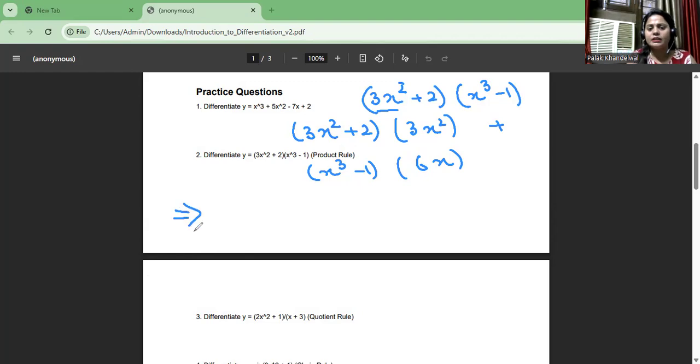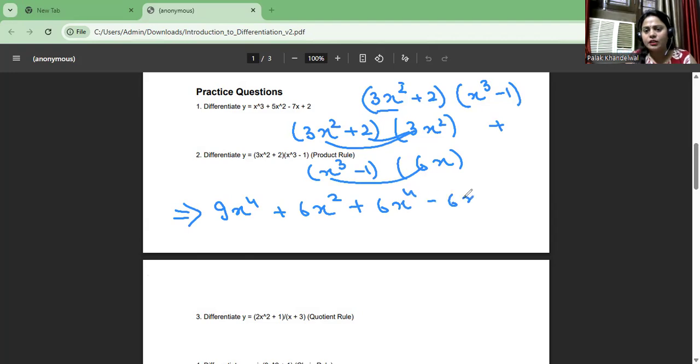So I have to apply the formula here. This is 9x4. What am I doing? I'm just multiplying this by this and then I'll multiply this by this. So this is 6x square plus, let's multiply this, this is 6x4 minus 6x. Using like terms, this is 9x4 plus, sorry, I just missed this like term, so I have to add also.